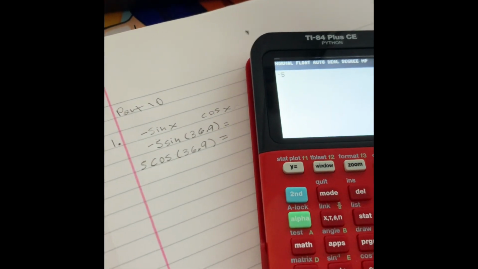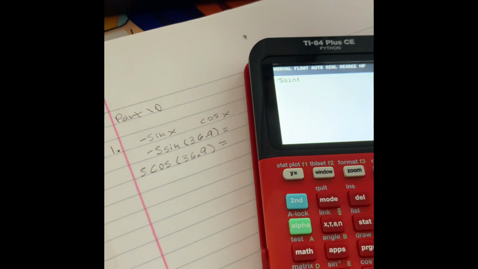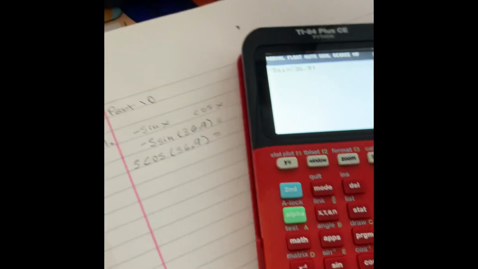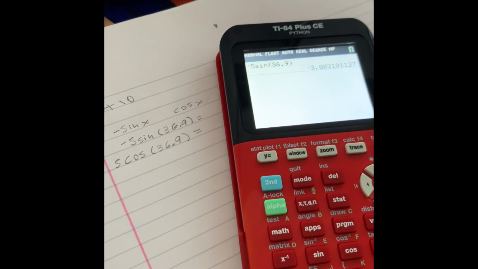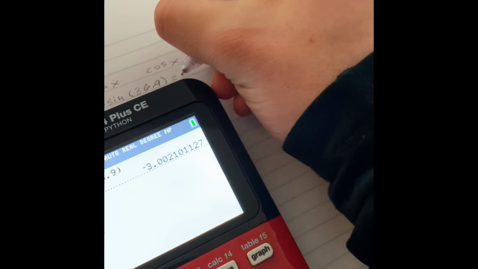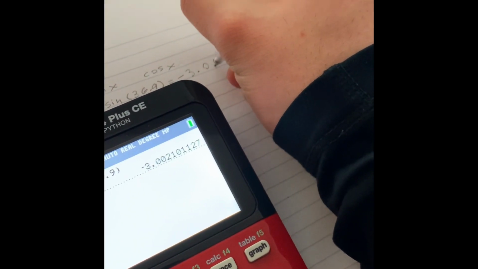And that would be 5 sine 36.9 gives us negative 3.0.